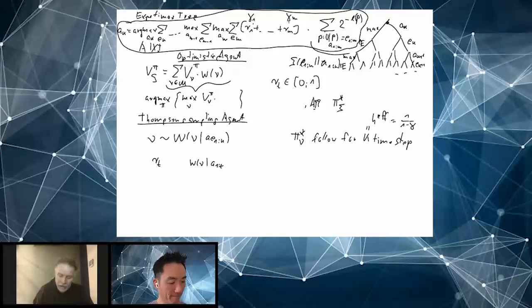And we compare this to the posterior distribution one time step earlier. And if the posterior doesn't change, then you haven't learned anything about the environment, right? Your uncertainty, and the probabilities you assign to each environment, are still the same.